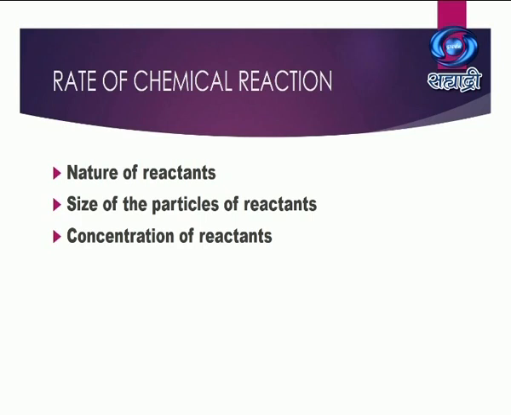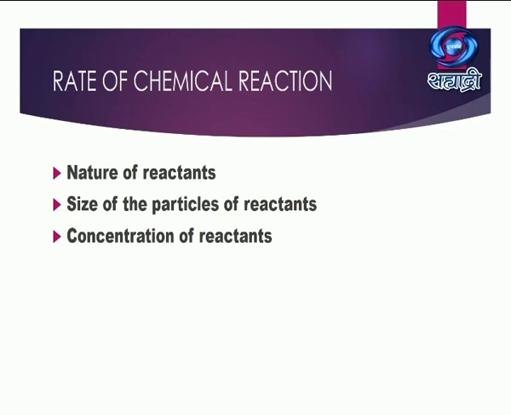But aluminium being more reactive than zinc, we will observe that the reaction with aluminium gets completed faster, whereas with zinc it takes a bit extra time. So here the nature of reactant can affect the rate of chemical reaction.